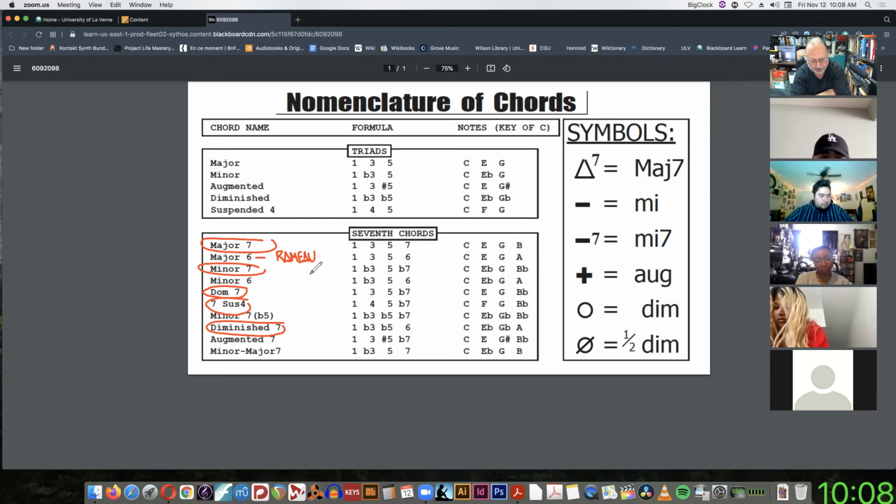So he used a major 6, he called it a double employment. And if you have a C major 6, like C, E, G, A, well, if you respell it, it's A, C, E, G, right?